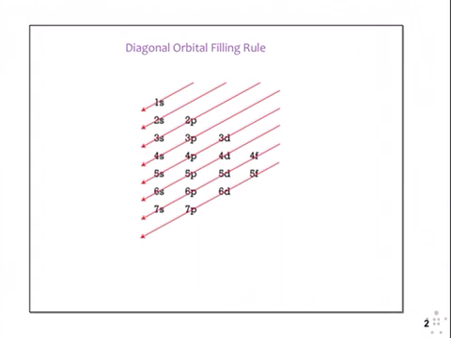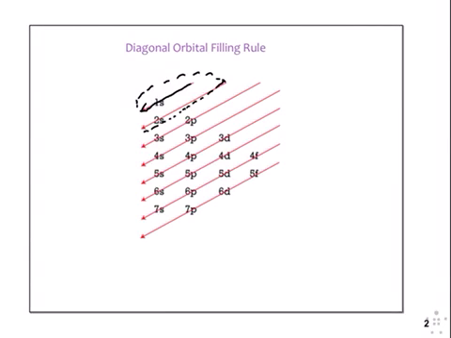So to help us learn the order that the orbitals fill, we have this diagonal orbital filling rule. And so if you follow these red arrows, you fill the 1s orbital first. Then once you do that, you swing back around and go to the start of the next red line.